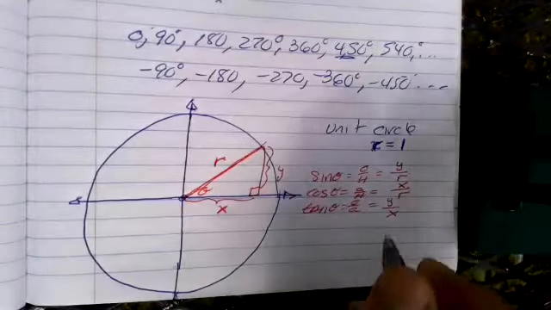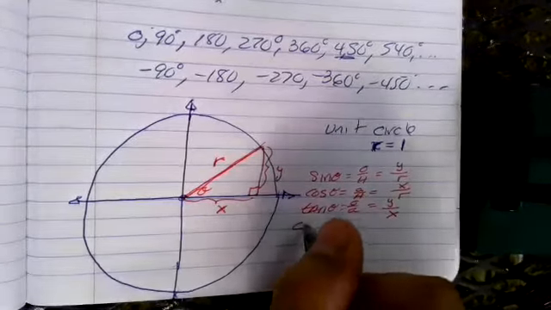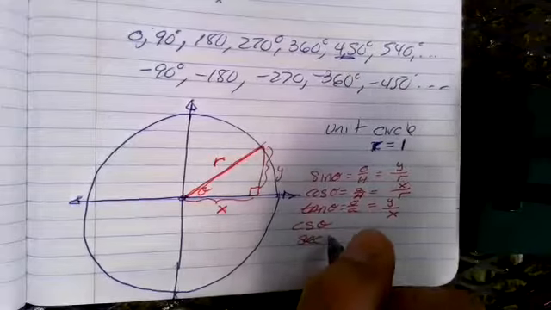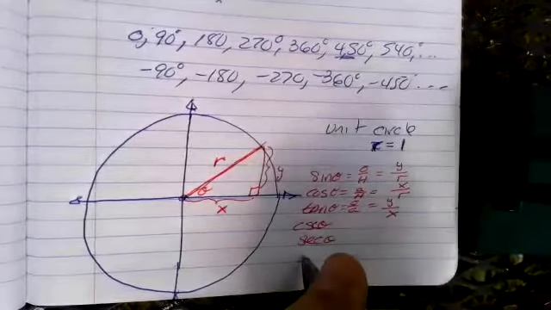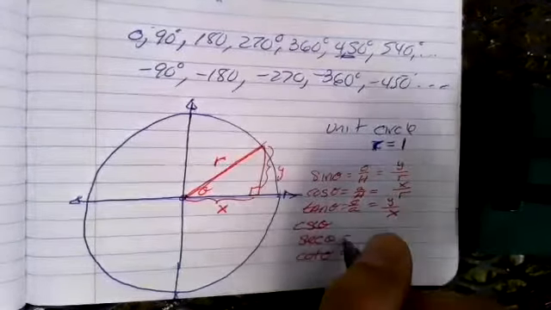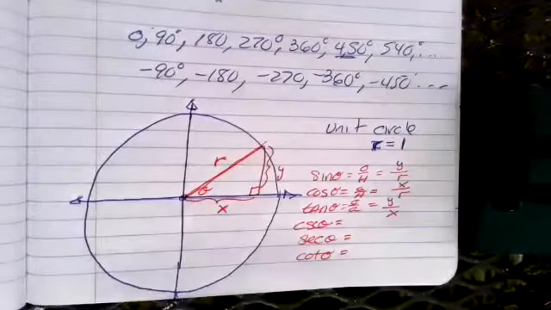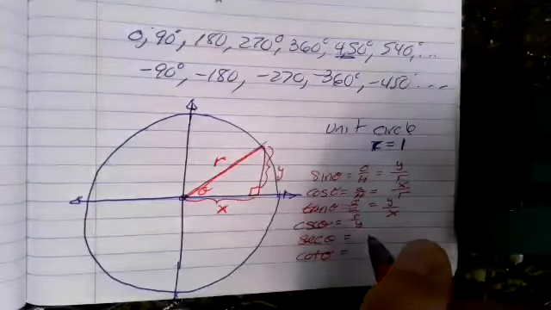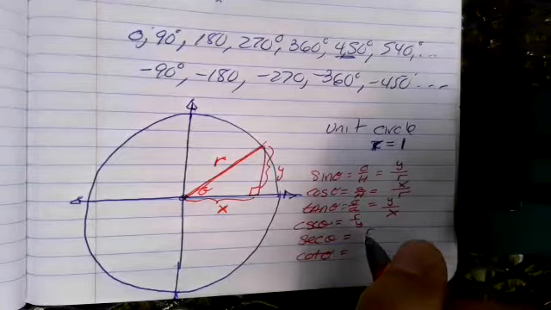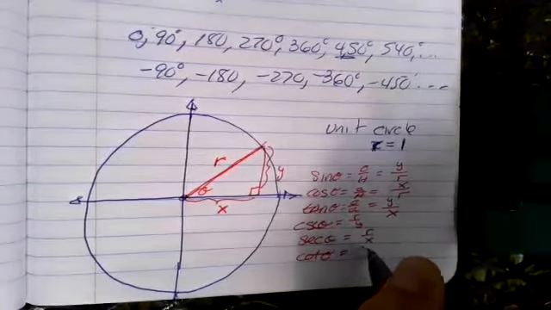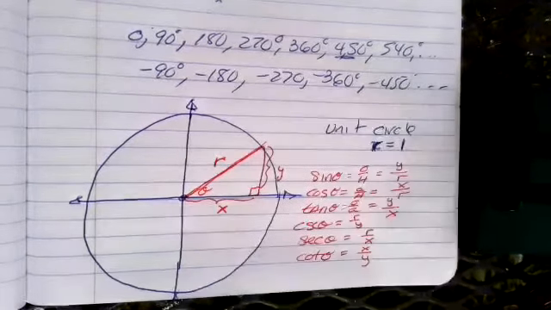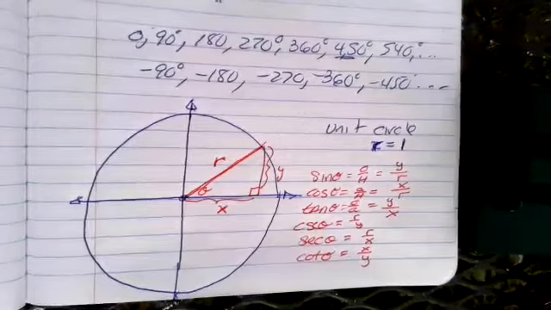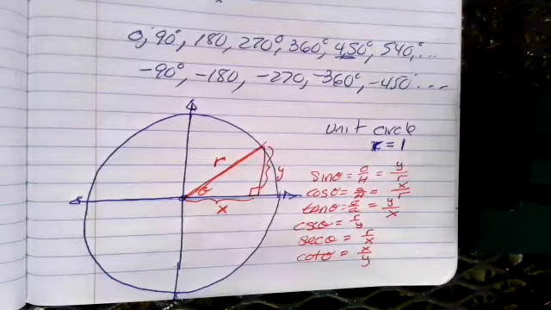And the reciprocals are still the reciprocals. So cosecant theta, secant theta, and cotan theta will still be the reciprocals. This will be r over y, this will be r over x, and this will be x over y. So write that down and absorb it.